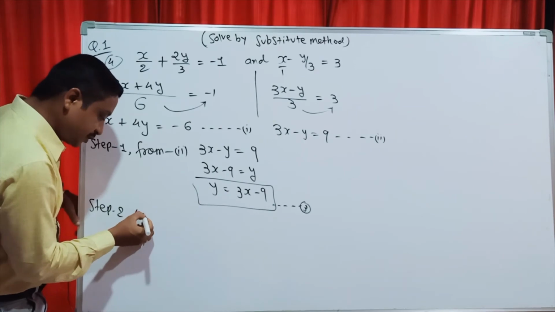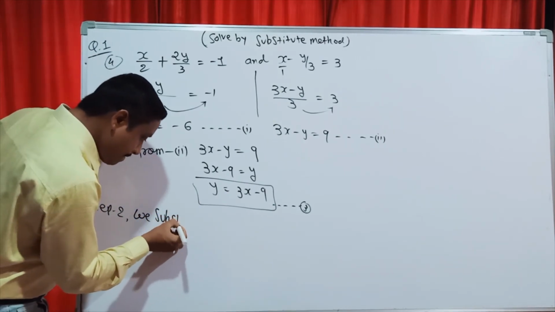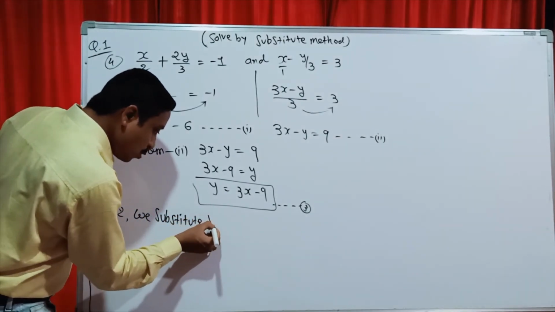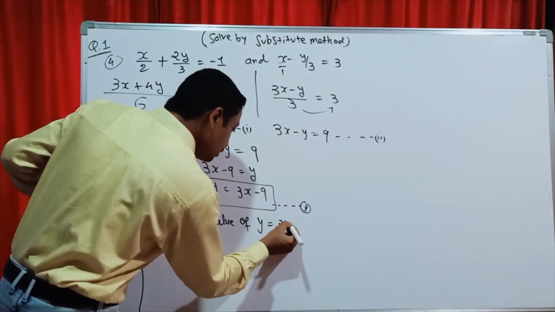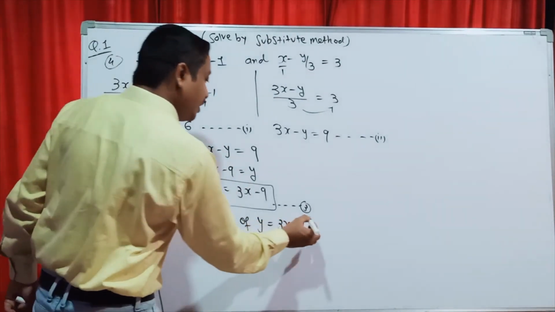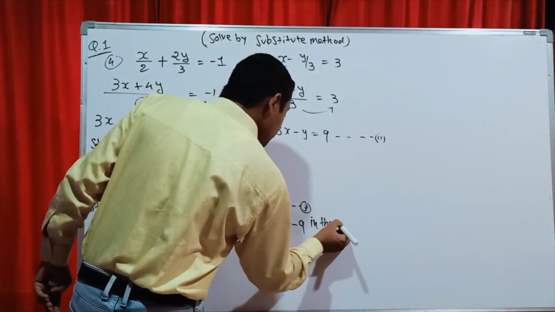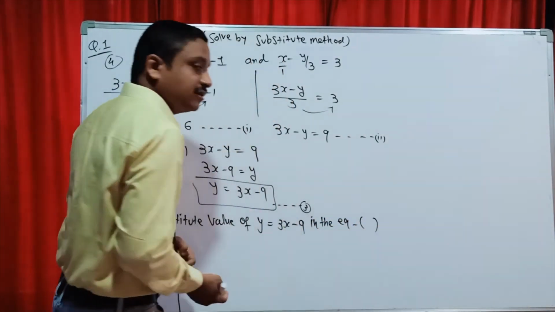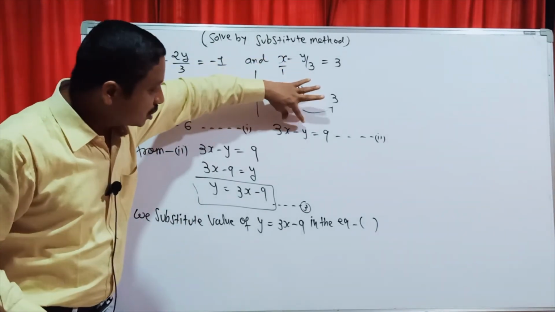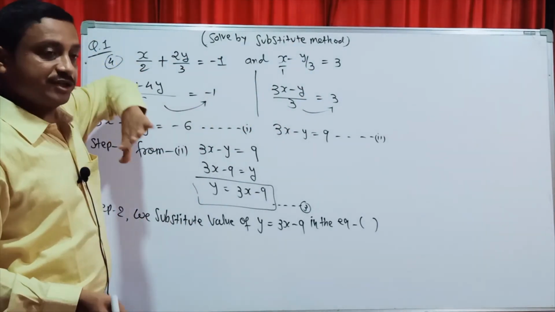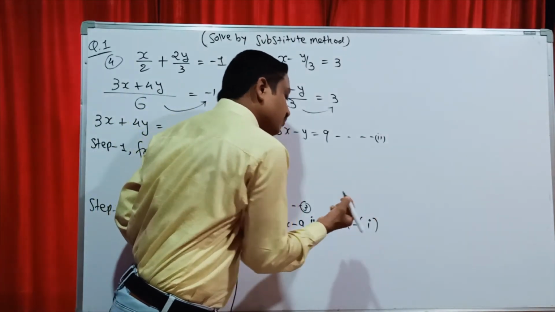In this step 2, we substitute the value of y is equal to 3x minus 9 in the equation. Which equation? We started from equation number 2, so we substitute these in the first. So here apply in the first one.